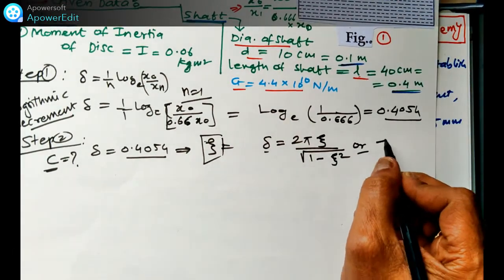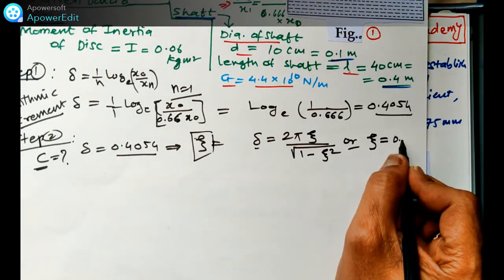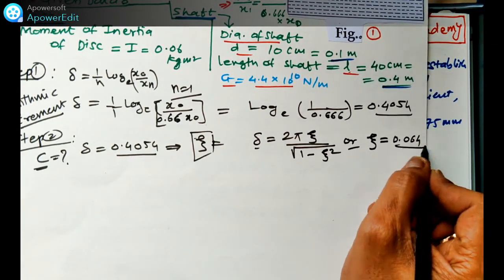I will write here: Zeta is equal to 0.064.